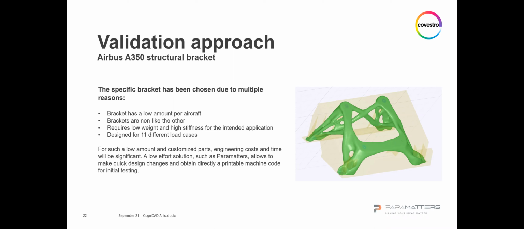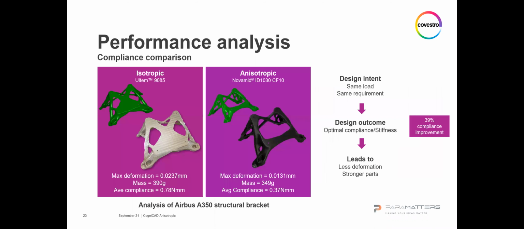So it's a very customized product. Of course, in aerospace, it needs to have low weight and high stiffness, and the bracket needs to be designed with 11 different load cases. So in the end, what we did with the ParaMatters software tool in the next slide is we analyzed basically two things. The first thing, we analyzed via the ParaMatters anisotropic tool.